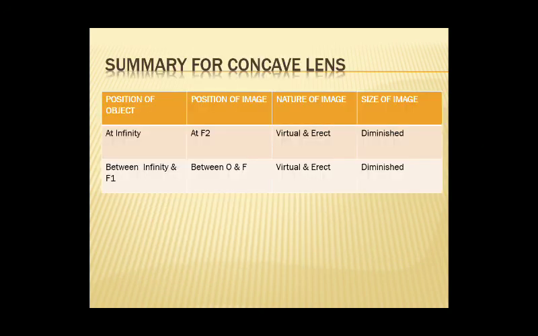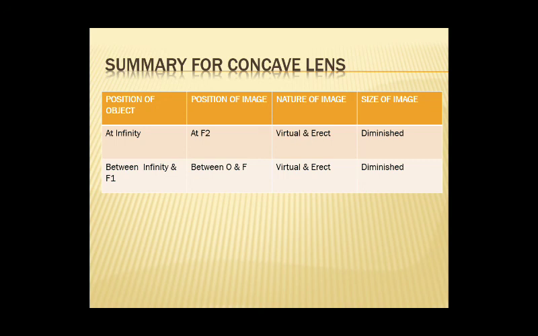On the basis of these two ray diagrams, the summary table: object at infinity, image at F2, virtual, erect, diminished. When the object is between infinity and F1, the image will be between O and F, again virtual, erect and diminished. It means that a concave lens always gives a virtual, erect and diminished image, right?